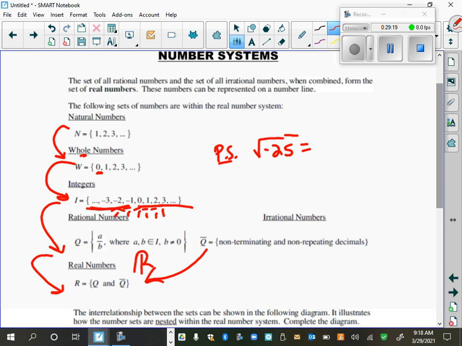Nope, good try, but you're close. Negative 5 times 5, but that's not a number multiplied by itself. So what's the answer?